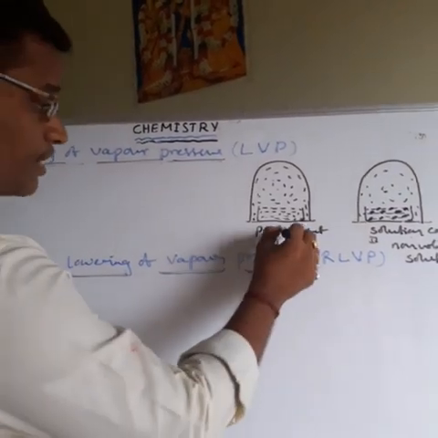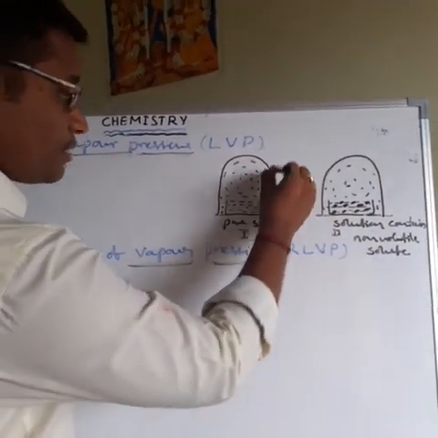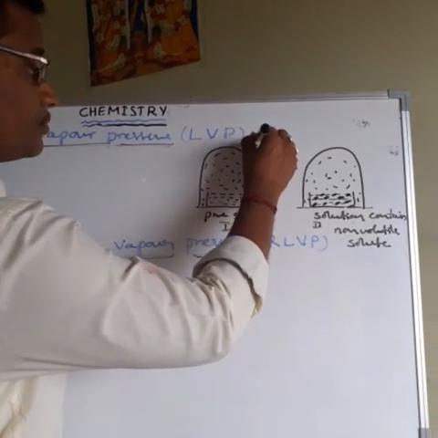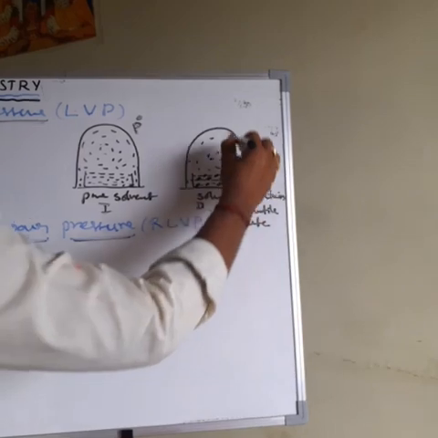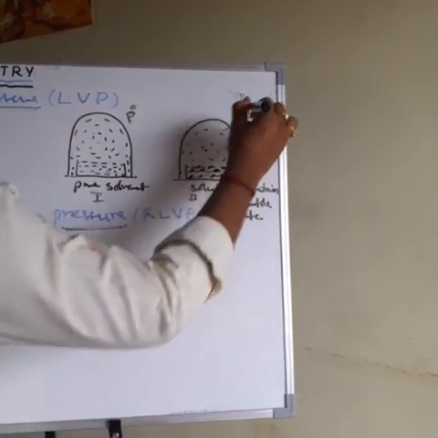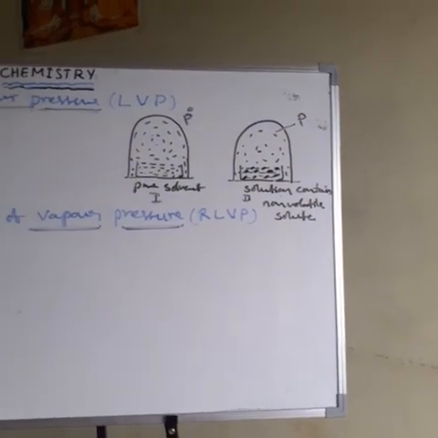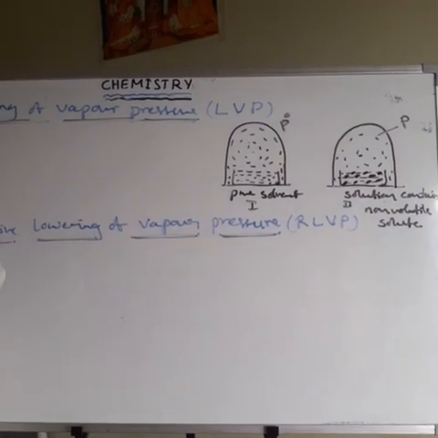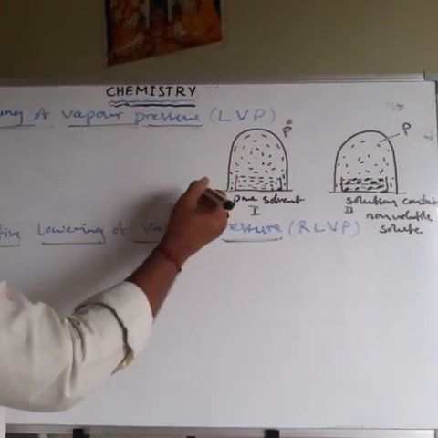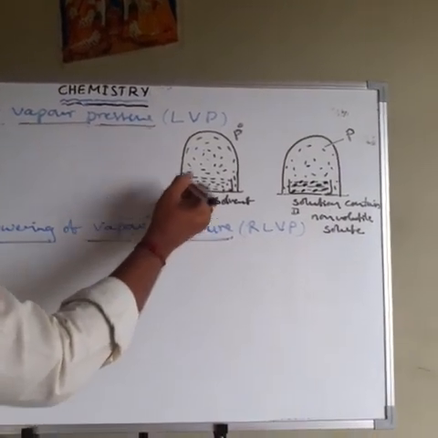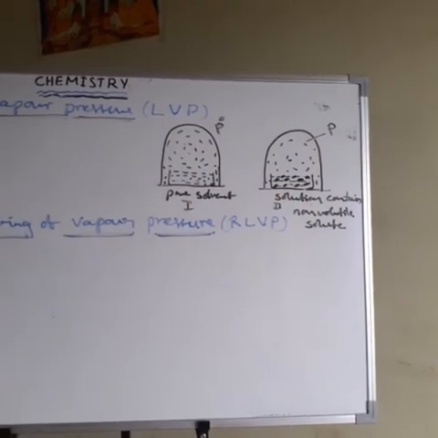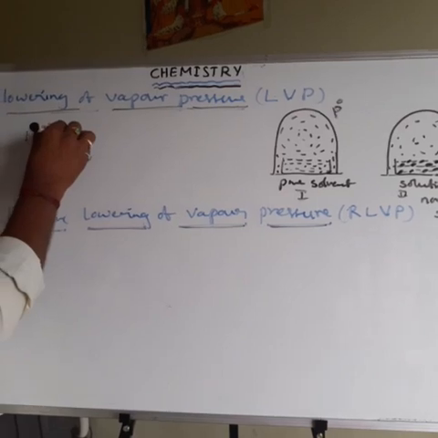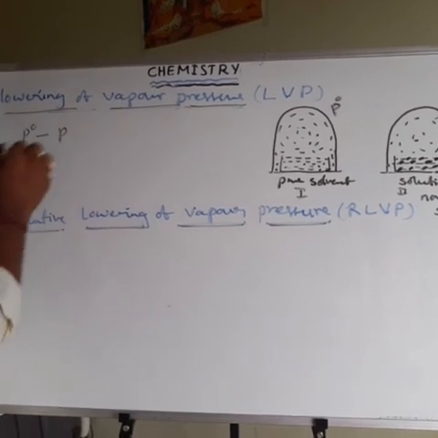You see here, the vapor pressure of the pure solvent is represented by P naught. The vapor pressure of the solution containing non-volatile solute is represented by P. So lowering of vapor pressure is the pure solvent vapor pressure minus the vapor pressure of the solution containing non-volatile solute.